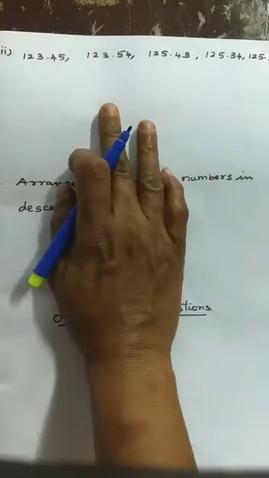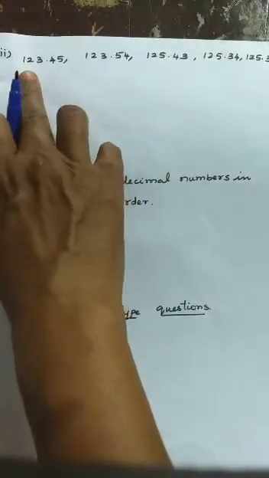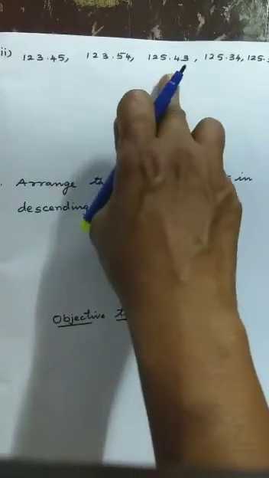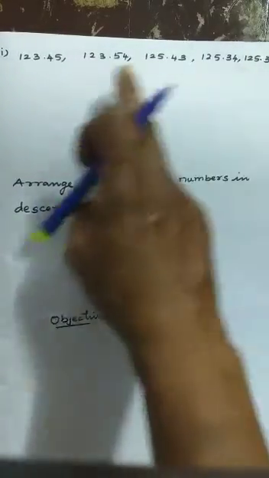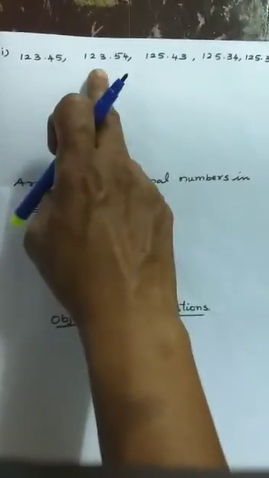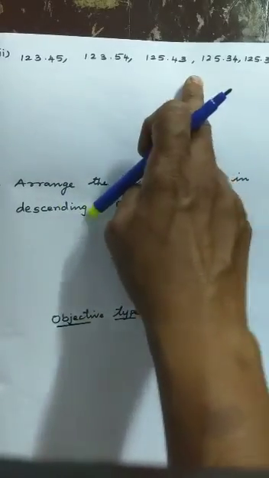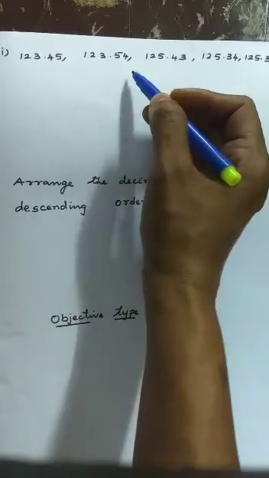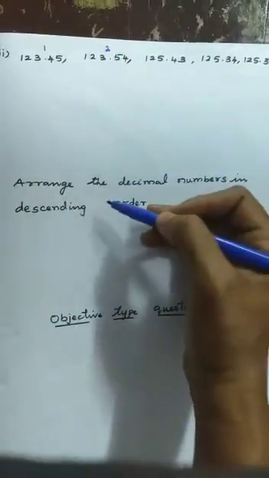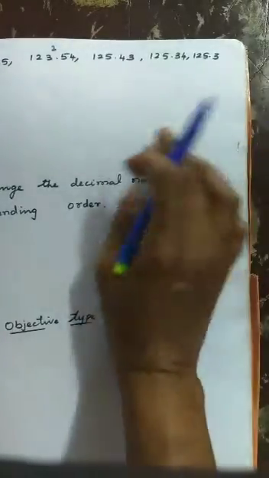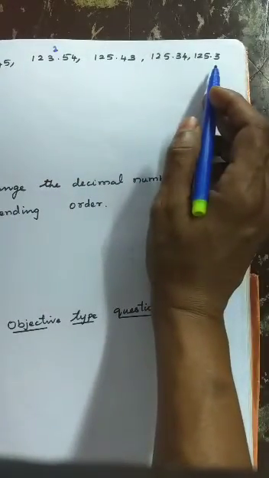Then see the next sum, second sum. Here 123, here 123, 125, 125, and here also 125. First, 123 is smaller than 125. So take these two. Here 45, here 54. So this one is first, this one is second. Then 125, three 125s are here.